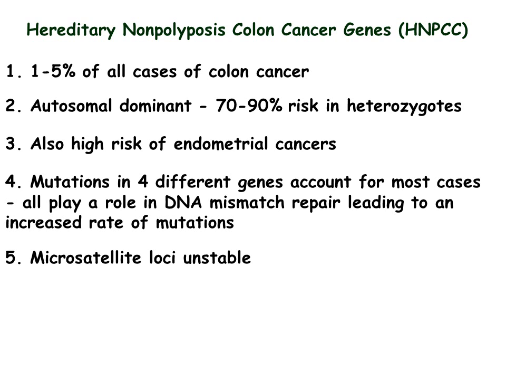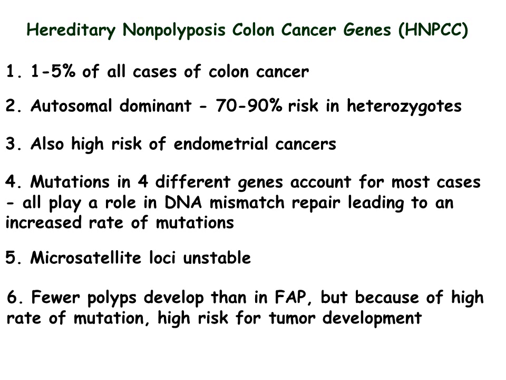They can also lead to microsatellites that become unstable. And there are a lot fewer polyps, hence the non-polyposis, than in FAP, but because of a high rate of mutation, they have a higher risk for tumor development.